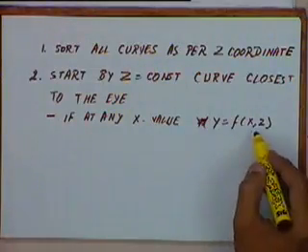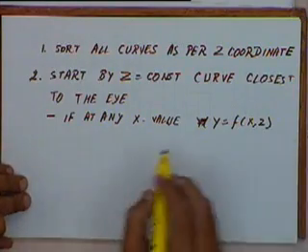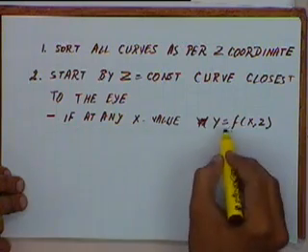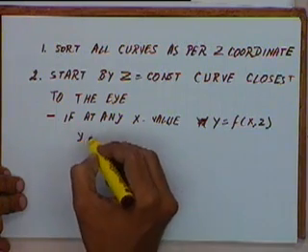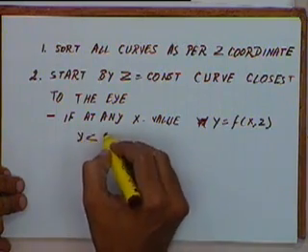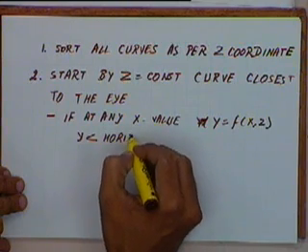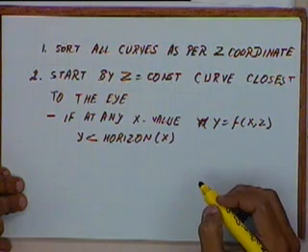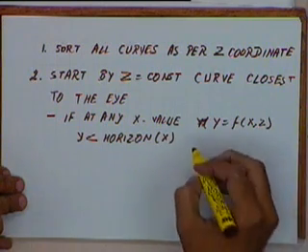We will compute y equal to f of x, z, that is the y value at the current x location, and if this y value is less than the horizon, then the curve is hidden.